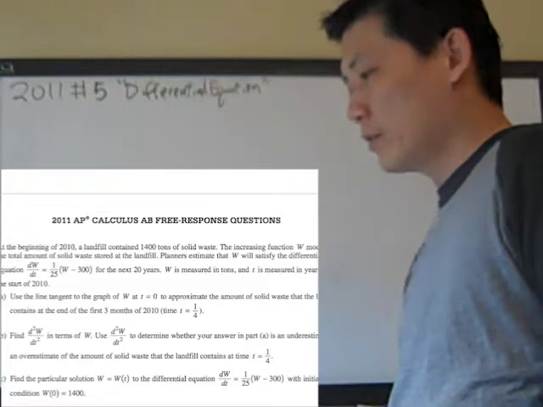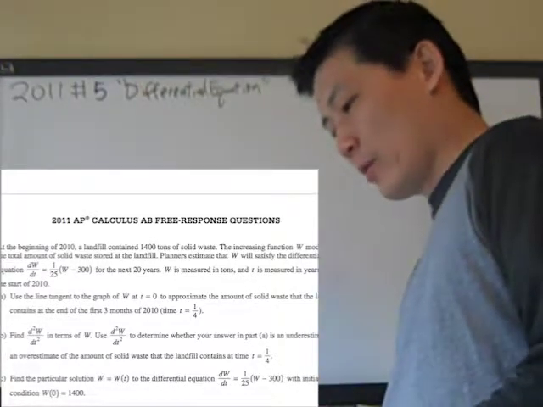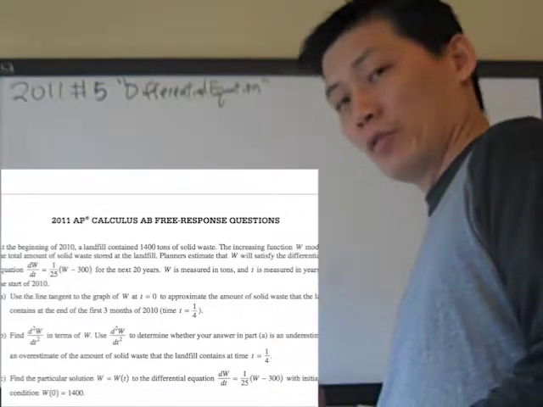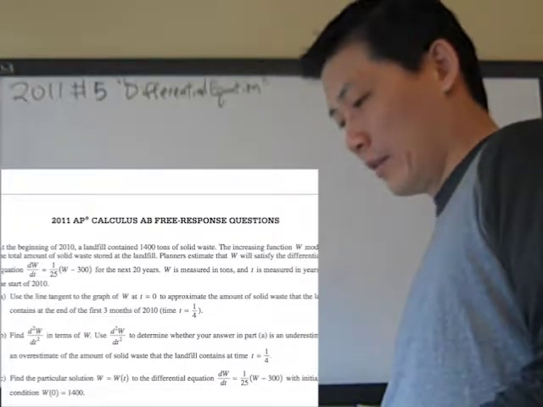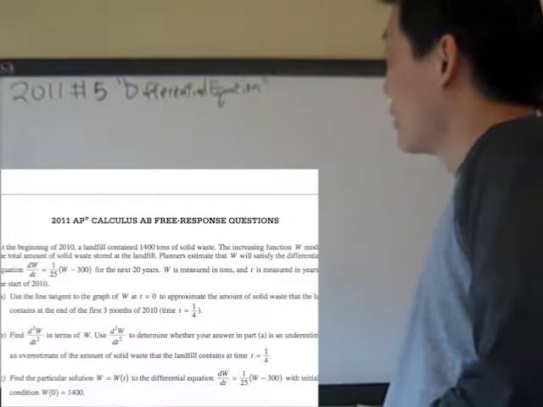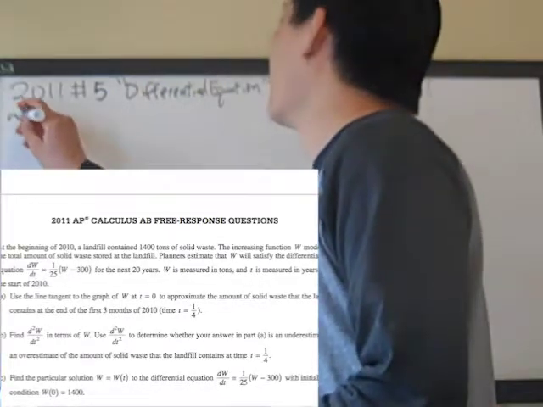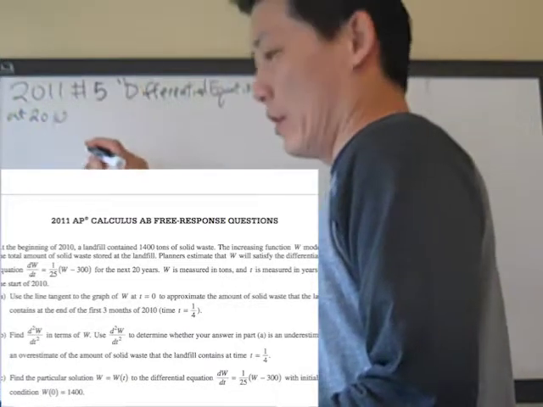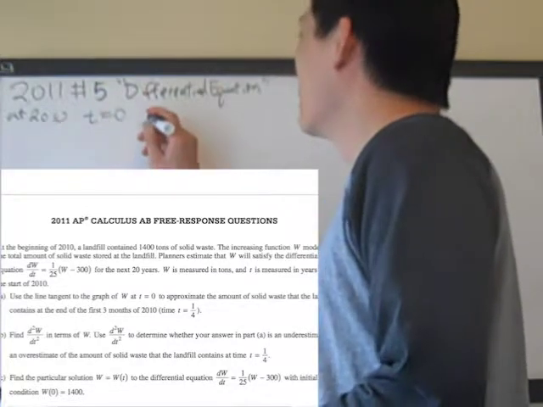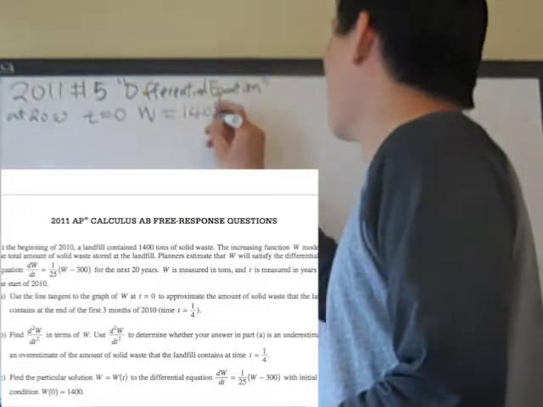So at the start, what I would do is look at this information. It says that the beginning of 2010 is the start of this equation. The landfill contained 1,400 tons of waste. What that means is that that's our initial condition: in 2010, at t equal to 0, W is equal to 1,400.